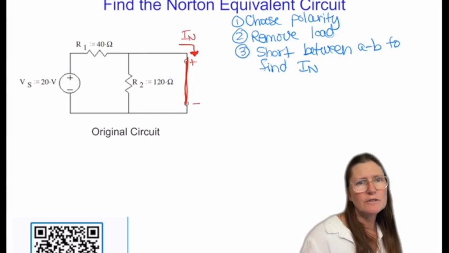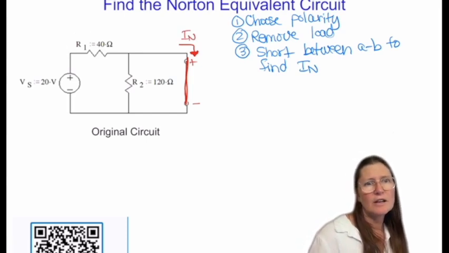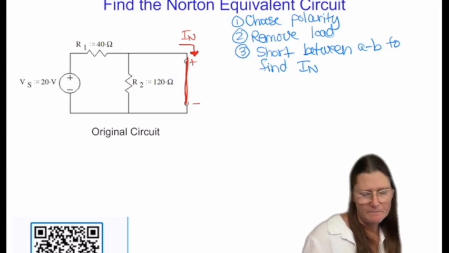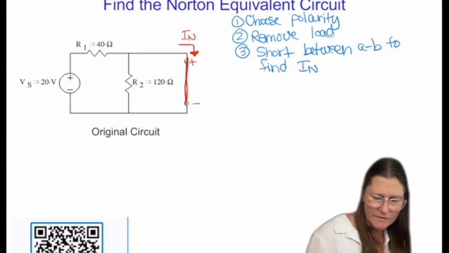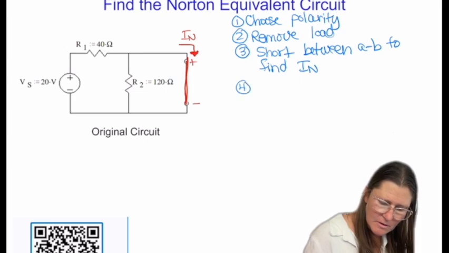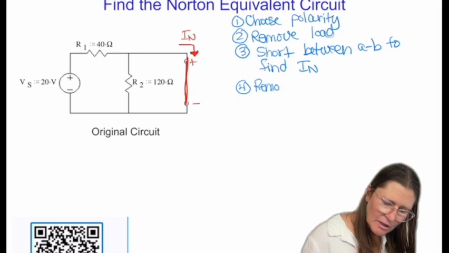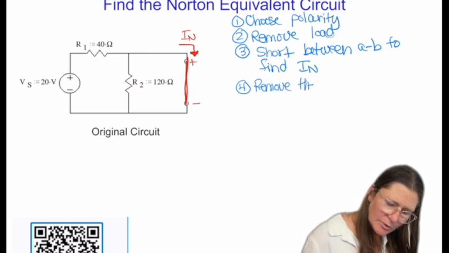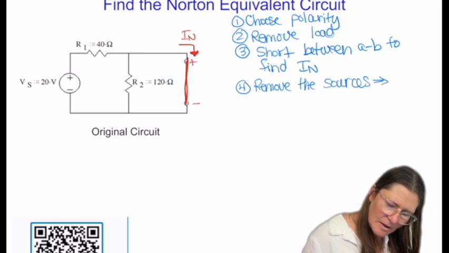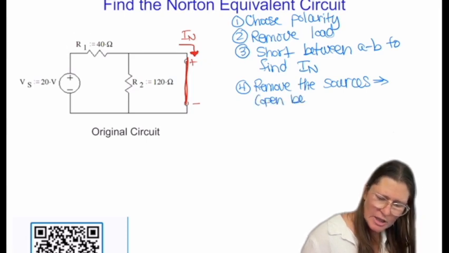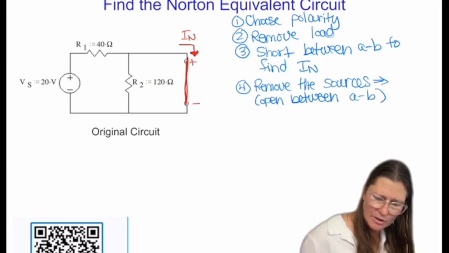So if I do this, I need to find IN, and then after IN is going to be removing the sources and open between A and B again if you don't already have it open there.